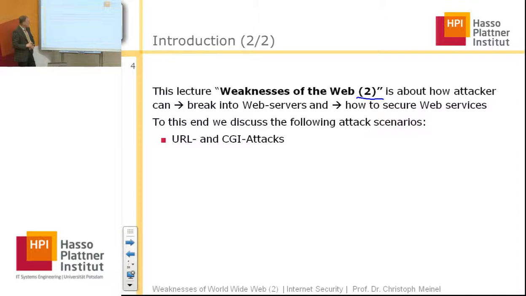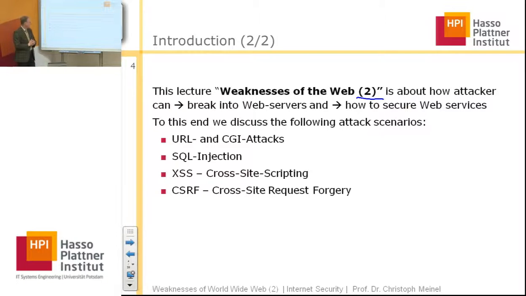In detail, we will discuss the following attack scenarios to give you an idea what the security risks on the server side are. We start with CGI attacks and URL attacks. Then we will discuss SQL injections, cross-site scripting and cross-site request forgery.